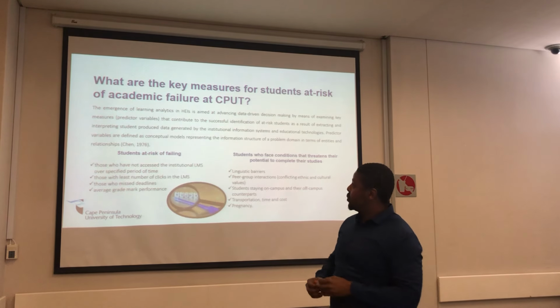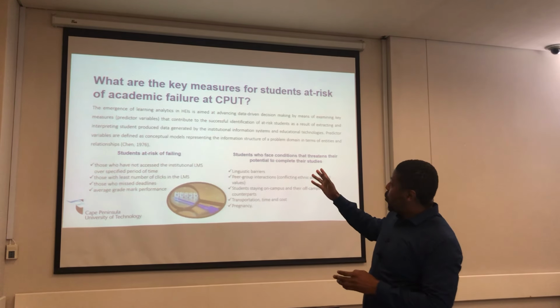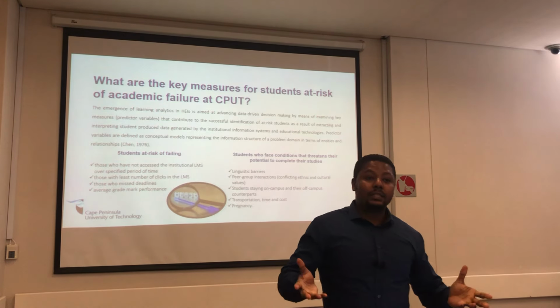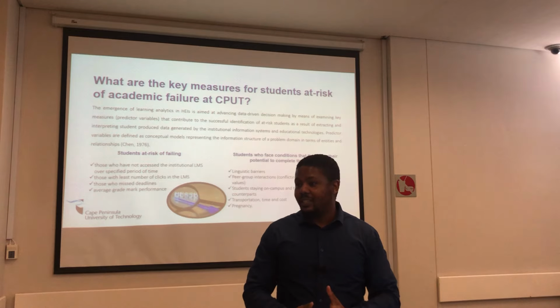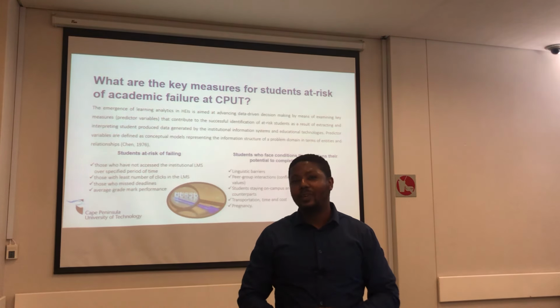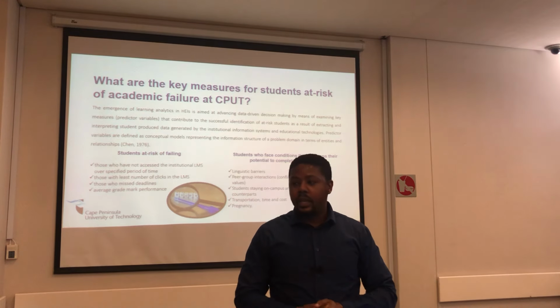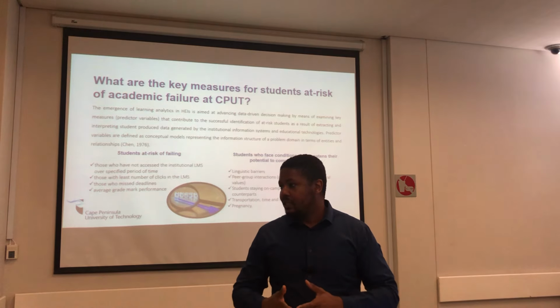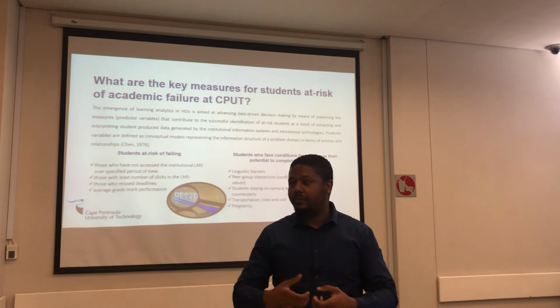So if I were to start with the measurements, what are the key measures for students at risk of academic failure? If you look at literature, there's quite a lot of information that you find in there. There are so many predictor variables or measures that you can use. All right. And you find that most of the time they're more American style. You cannot identify with them.